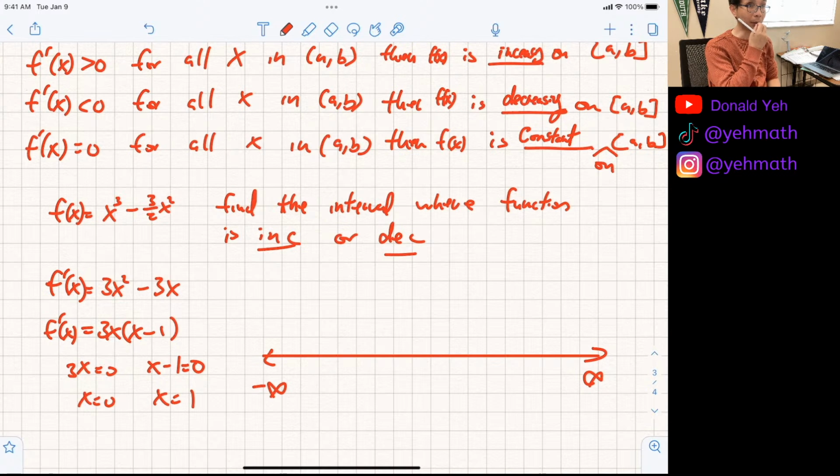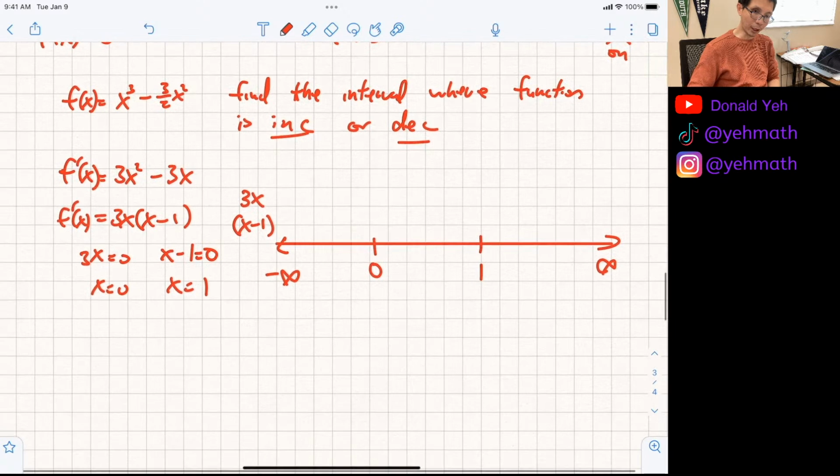Where's the breakpoint I'm gonna put in? What are the critical values? I'm gonna put a factor on the side. Are you following me so far?